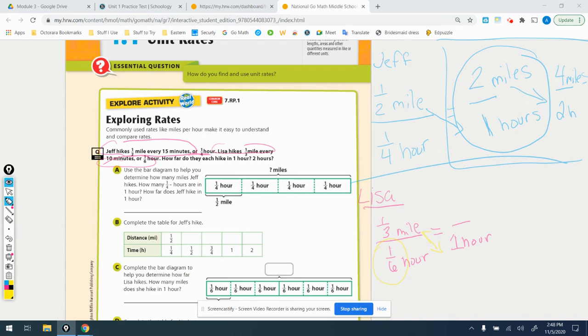I'm going to do that on my calculator. 1/3 times 1 divided by 1/6, the fraction of 1 over 6, is going to give me 2. Okay, 2 miles. So Lisa also hikes 2 miles every hour.